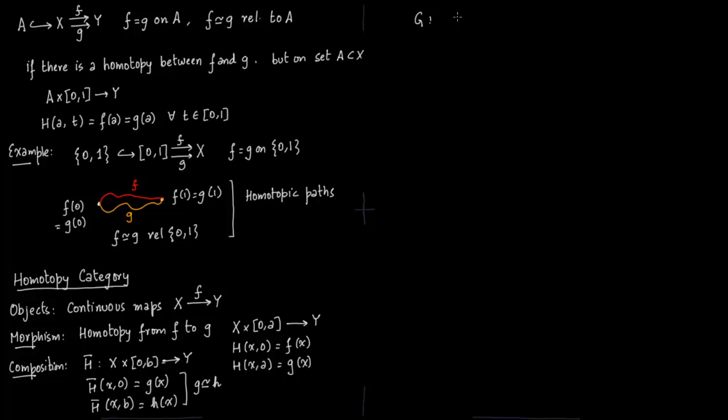So then we can construct a new homotopy G, which is x times 0 to a plus b and goes to space y. So we split this into two parts.